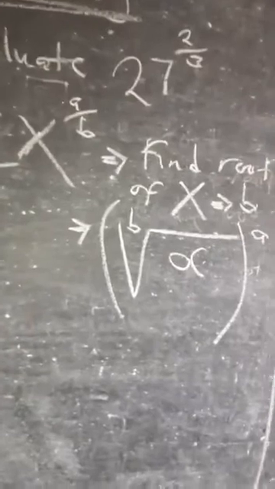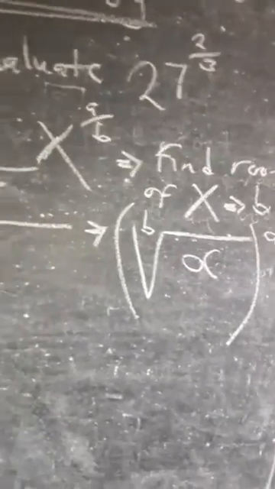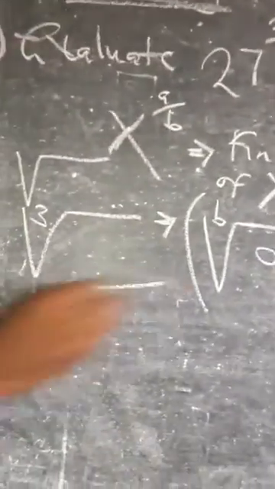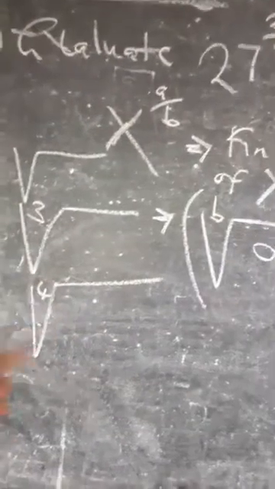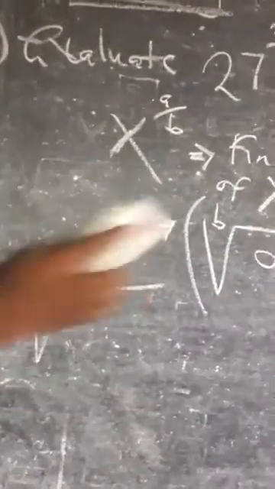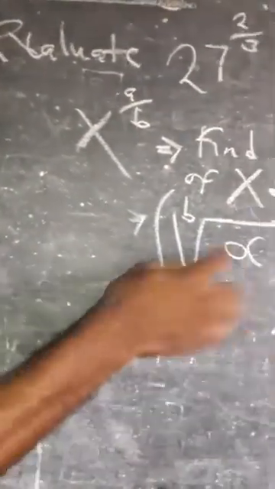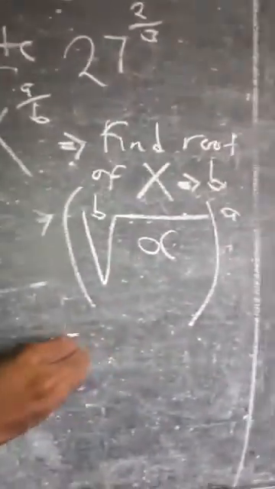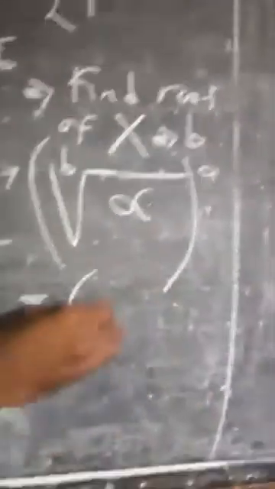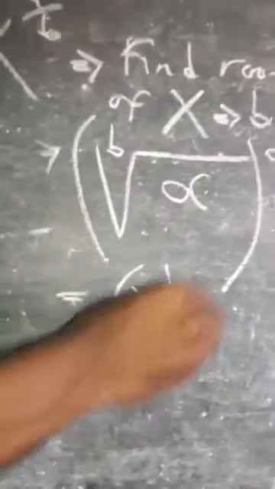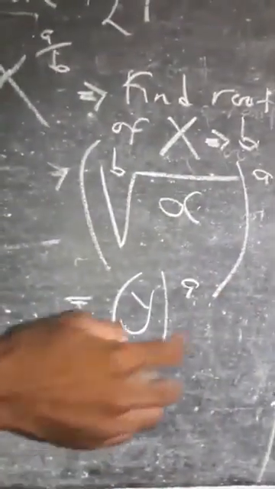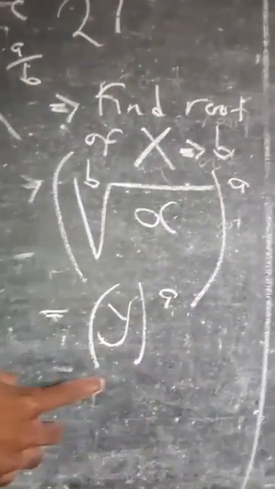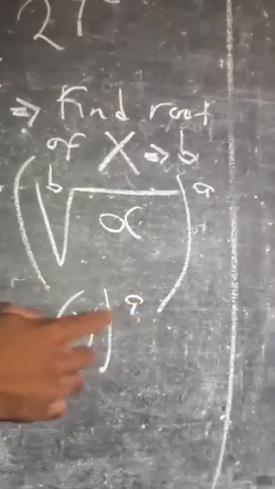If there's a 3, that is the cube root. If there's a 4, that's the fourth root. When you find this answer, let's say your answer was y, it will be y to the power a. That will be your final answer.